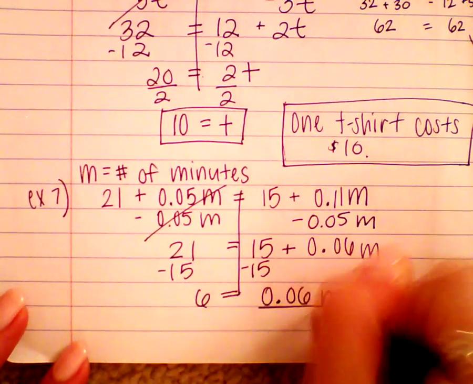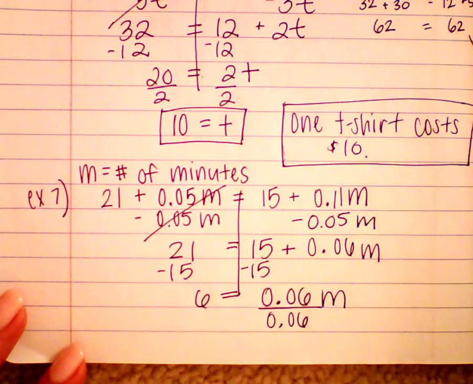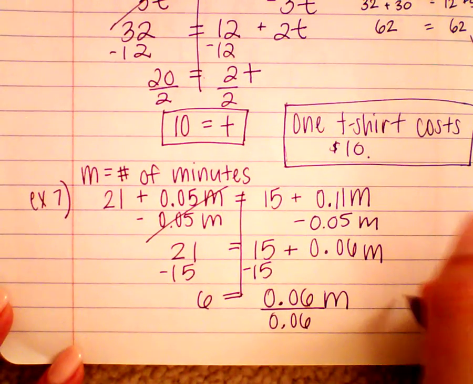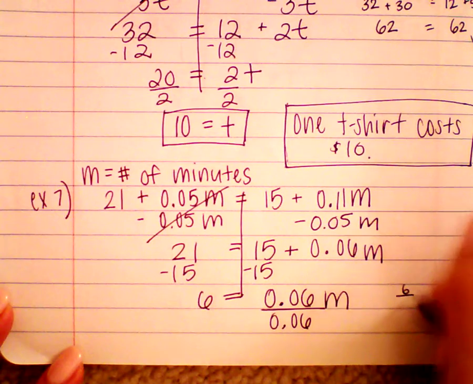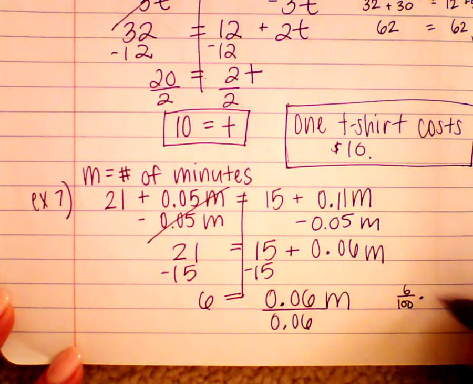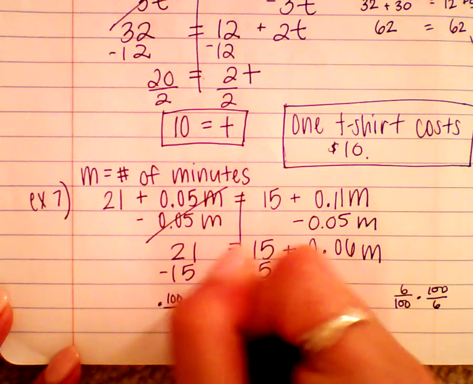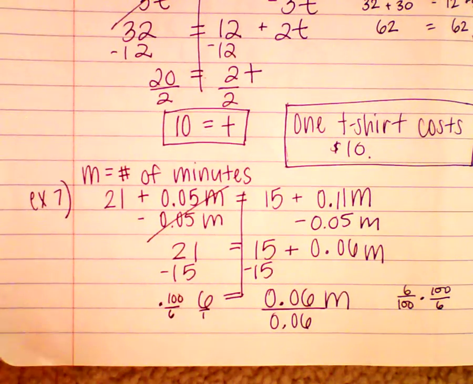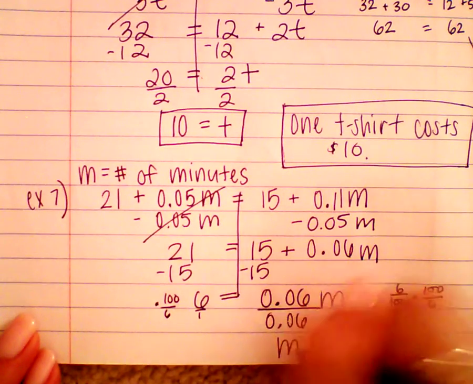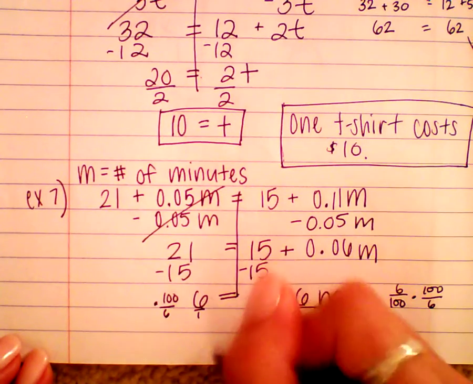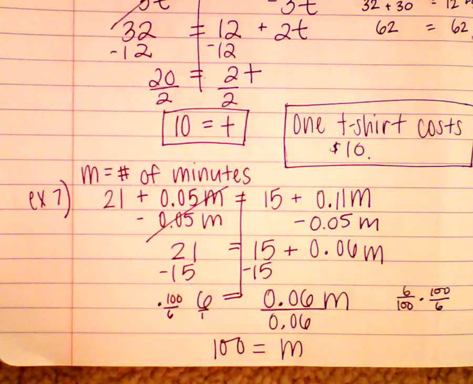I know that dividing by 6/100ths is really the same thing as multiplying by the reciprocal. So m is equal to 100. Alright, I need to answer the question.